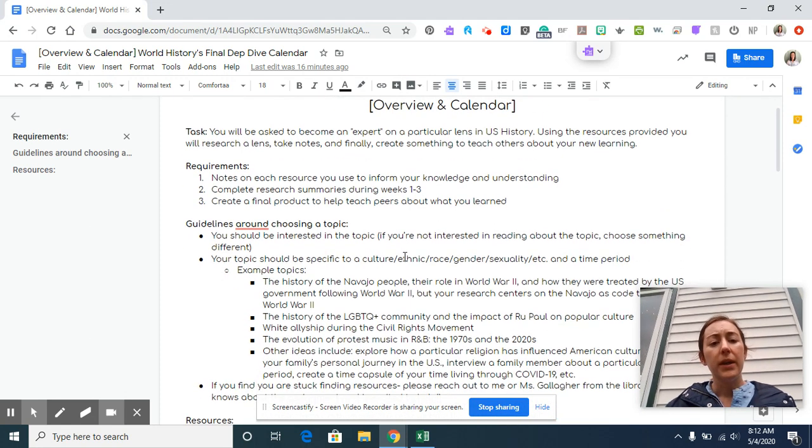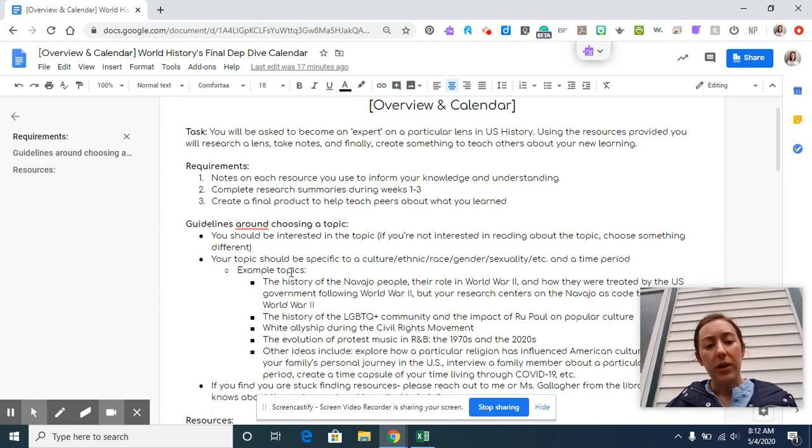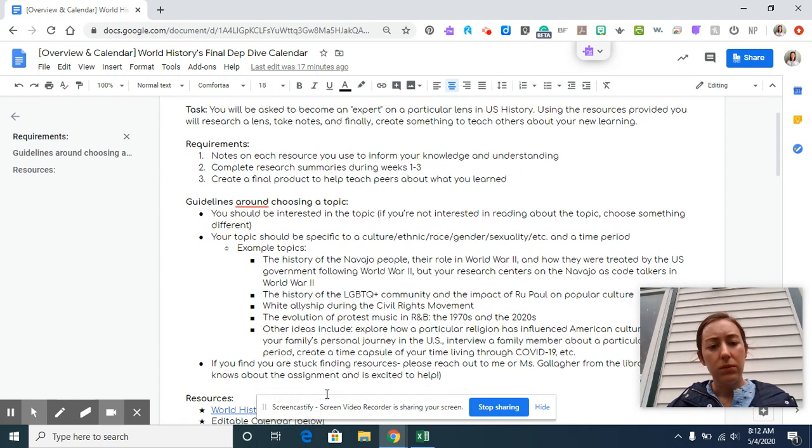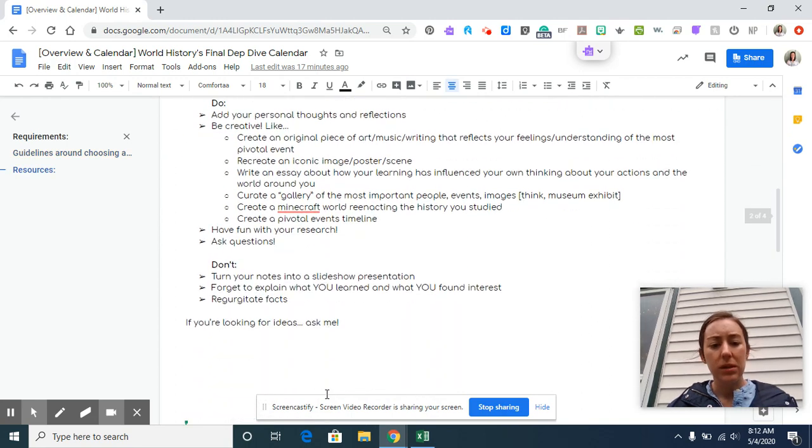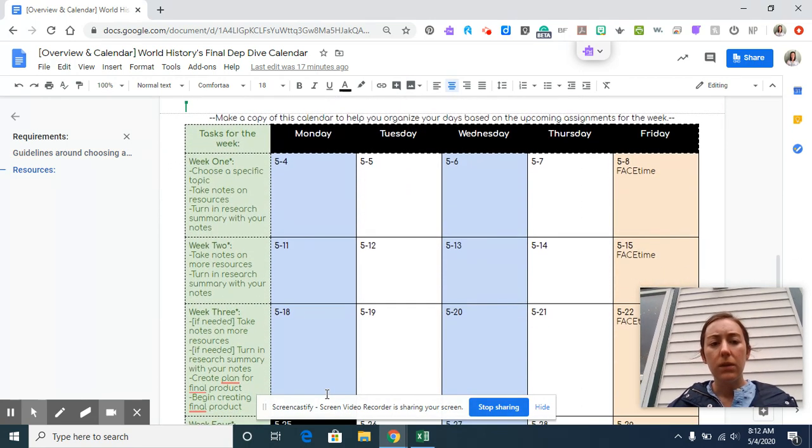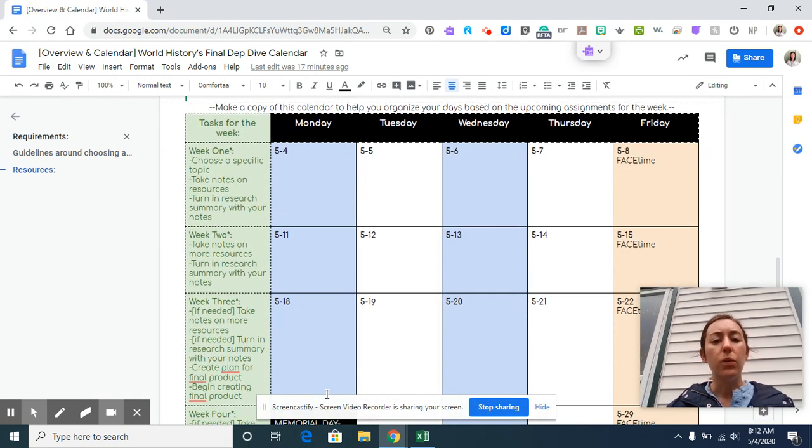Our goal is to really focus on note-taking, writing summaries, and summarizing and synthesizing information, bringing it together, and having some creativity. The way that the weeks are organized, and I'll come back to these ideas for your topics, is that weeks 1 and 2 are really focused on note-taking, researching, and diving into the topic.